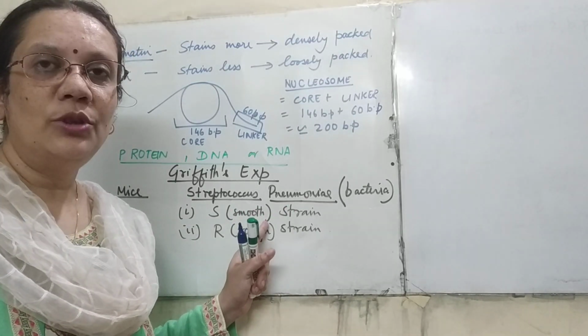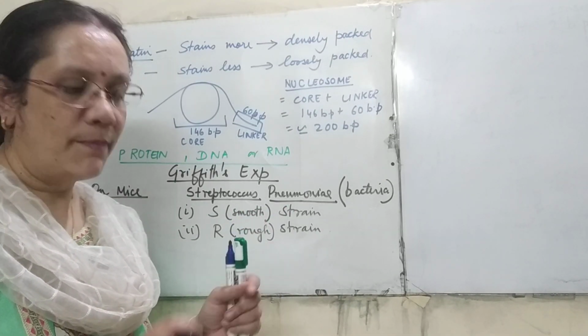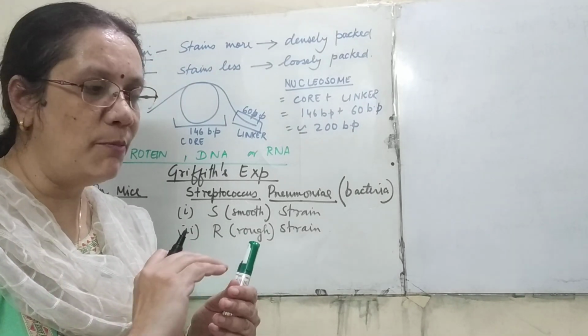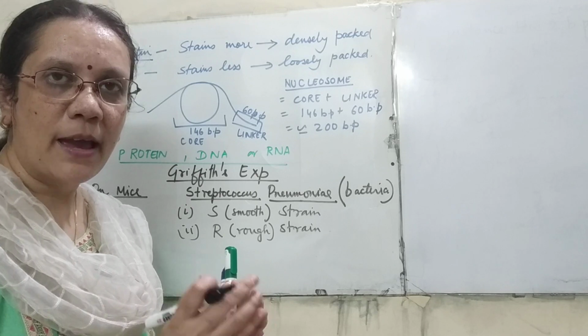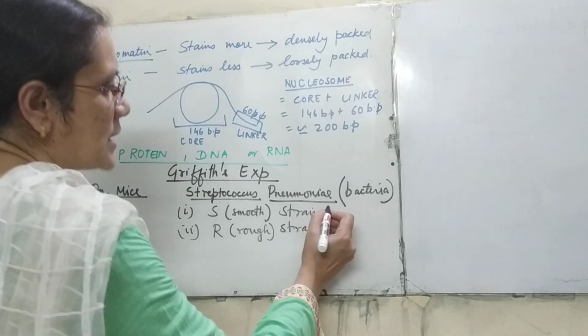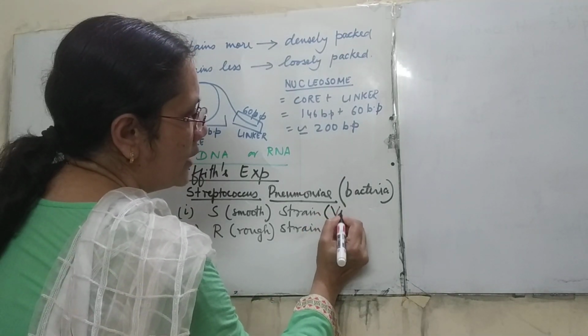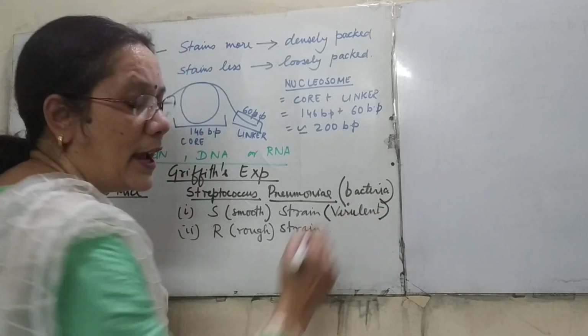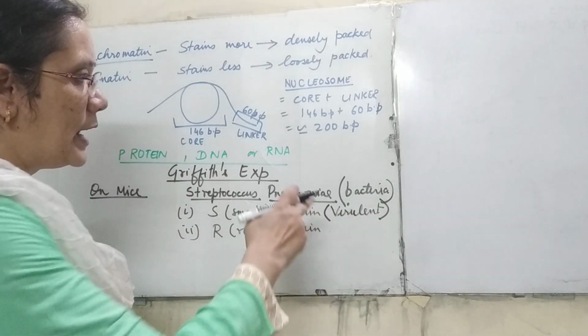Why is it smooth? It is smooth because on the surface there is a mucus covering on the bacteria, which is actually making it virulent. So the S strain is virulent. It is causing the pneumonia.